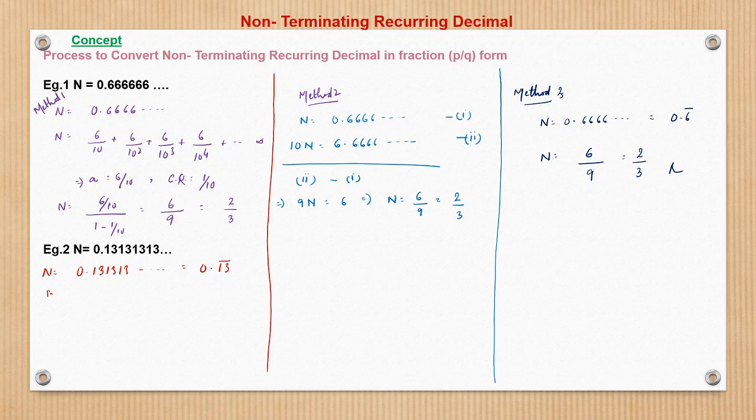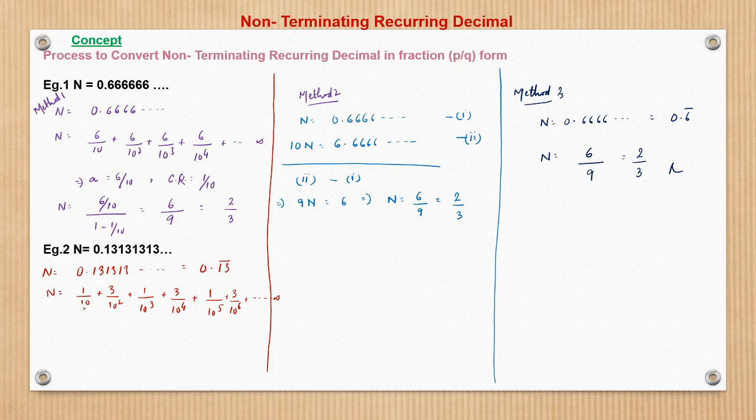Again, we can expand this as 1 upon 10 plus 3 upon 10 square plus 1 upon 10 cube plus 3 upon 10 to the power 4 plus 1 upon 10 to the power 5 plus 3 upon 10 to the power 6, and so on till infinity. Now see, there are two GP series.